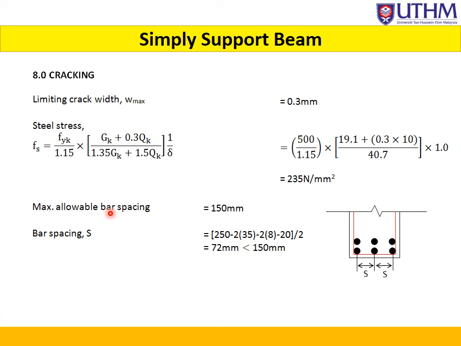We then compare with our bar spacing. In this solution, bar spacing is calculated from the middle bar to the other middle bar. We also can calculate spacing from end bar to the other end bar. Since our bar spacing is less than maximum allowable spacing, it means our crack is verified.